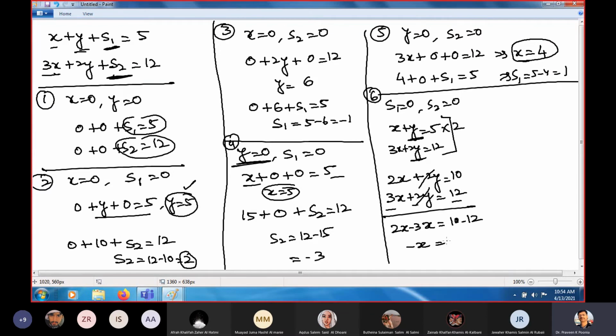So it is minus x equals minus 2. Divide by negative. So you will get the value of x is 2. And if the value of x is 2, take this equation. 2 plus y is equal to 5. Y is equal to 5 minus 2. Y is 3. So the solution is x2, y3.